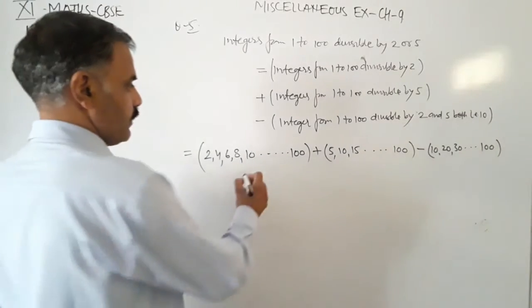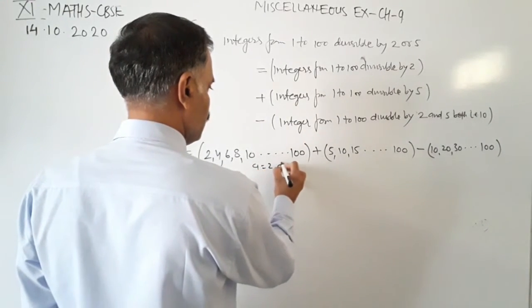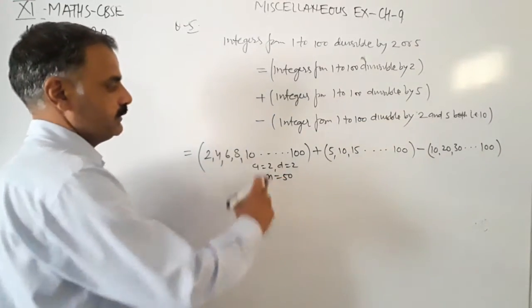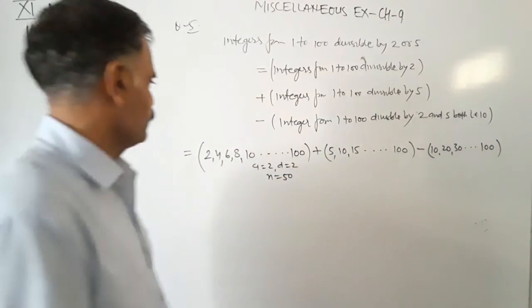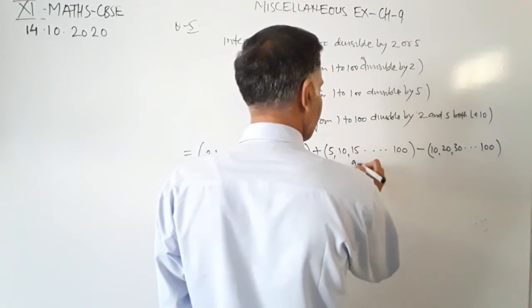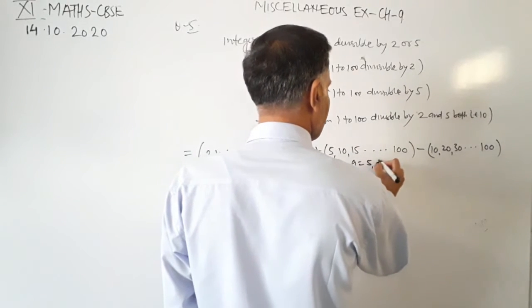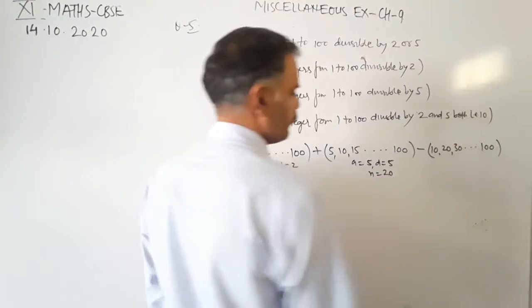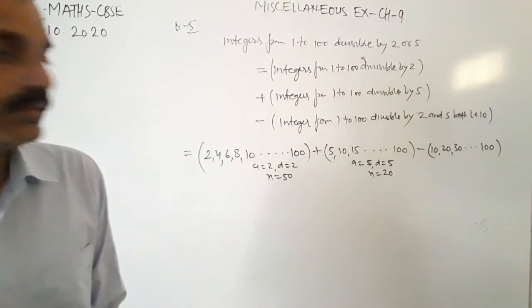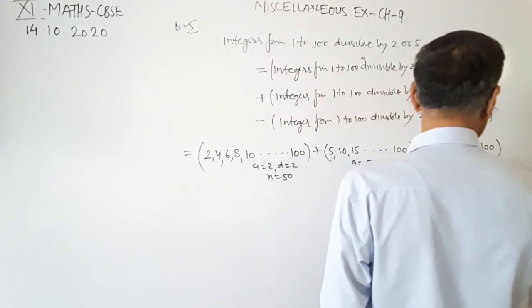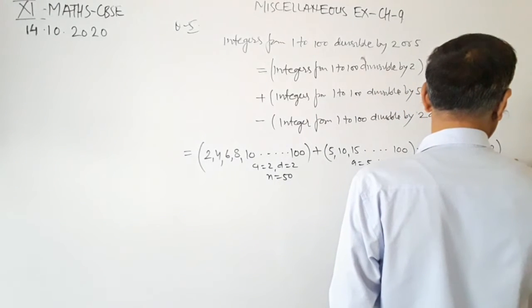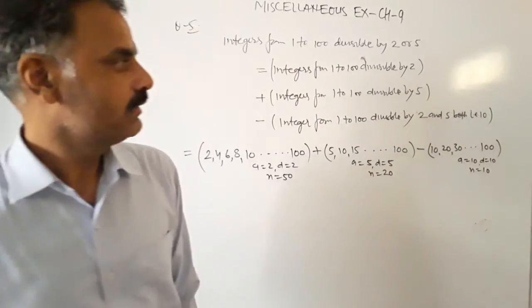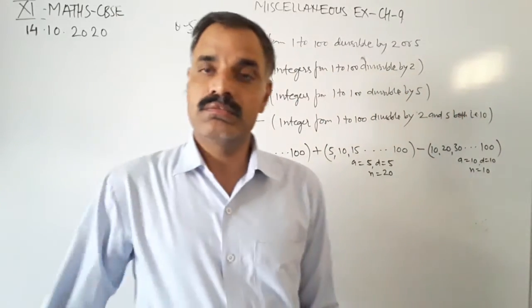So a equals 2, b equals 2, n equals 50 for the first bracket. a equals 5, b equals 5 and n equals 20 for the second bracket. And a equals 10, b equals 10, n is also equal to 10 for the third bracket.